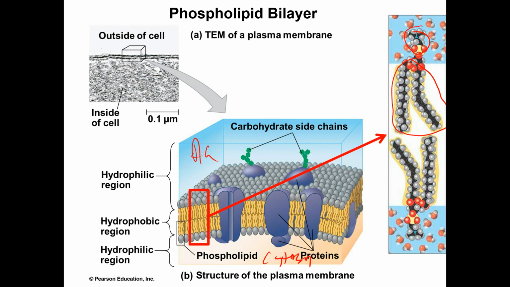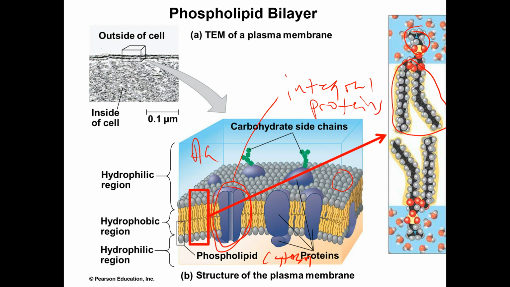Sometimes you can have proteins that are stuck on just the surface, but you can have some proteins that go through the entire membrane itself, that span across it. These are transmembrane proteins, things that we call integral proteins. We'll come back to these later on in the next chapter.